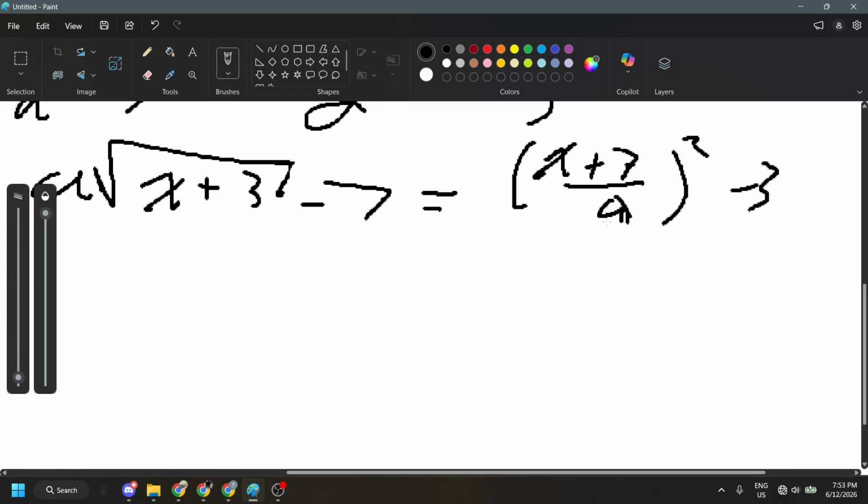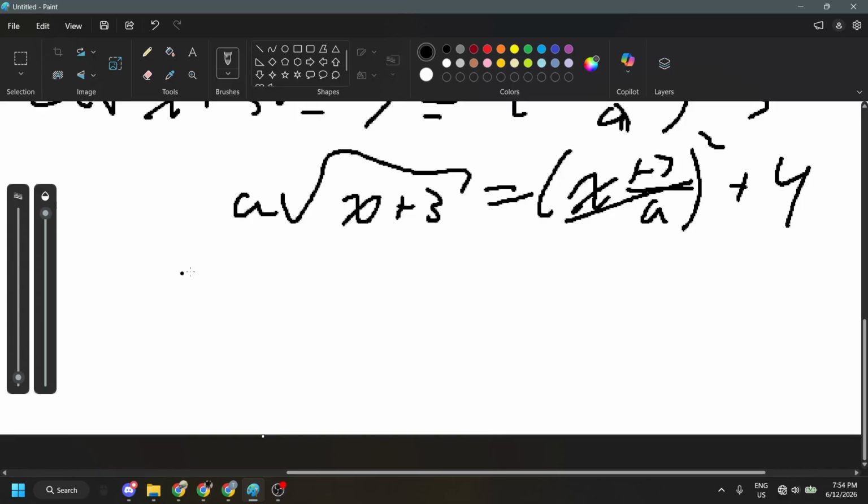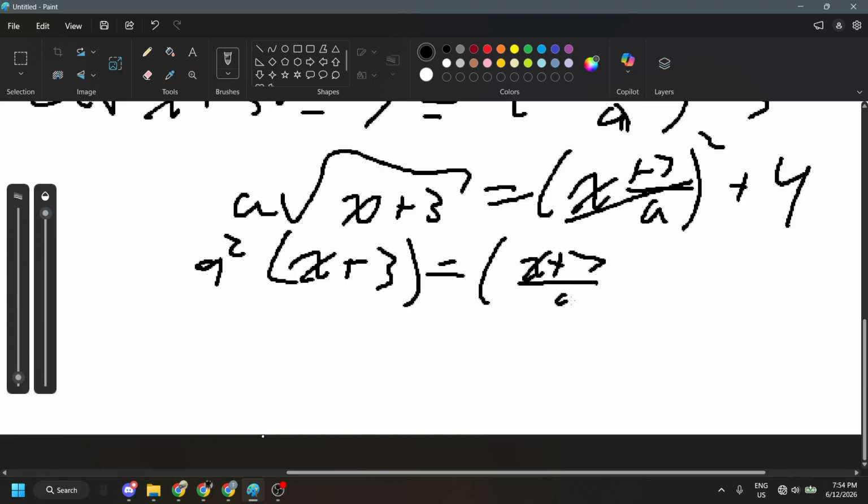Okay, so add 4 to both sides, we get a√(x + 3) is equal to ((x + 7)/a)² + 4. Square both sides, we get a² times (x + 3) is equal to (((x + 7)/a)² + 4)².